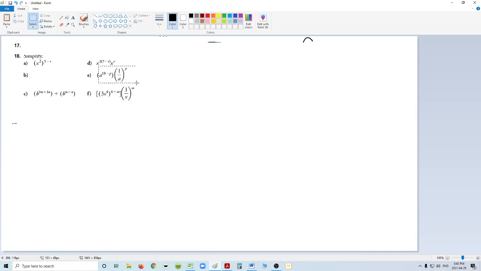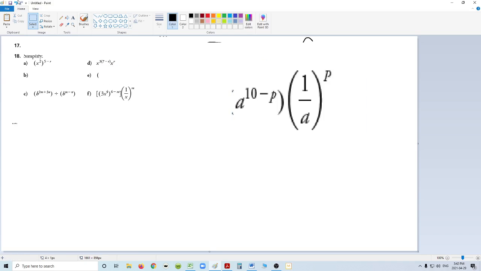What about something weird like this? What are they trying to get to here? Well, just keep this the same, right? And realize that this is a to the 10 minus p times 1 to the p. 1 over a to the p is just 1 over a to the p.